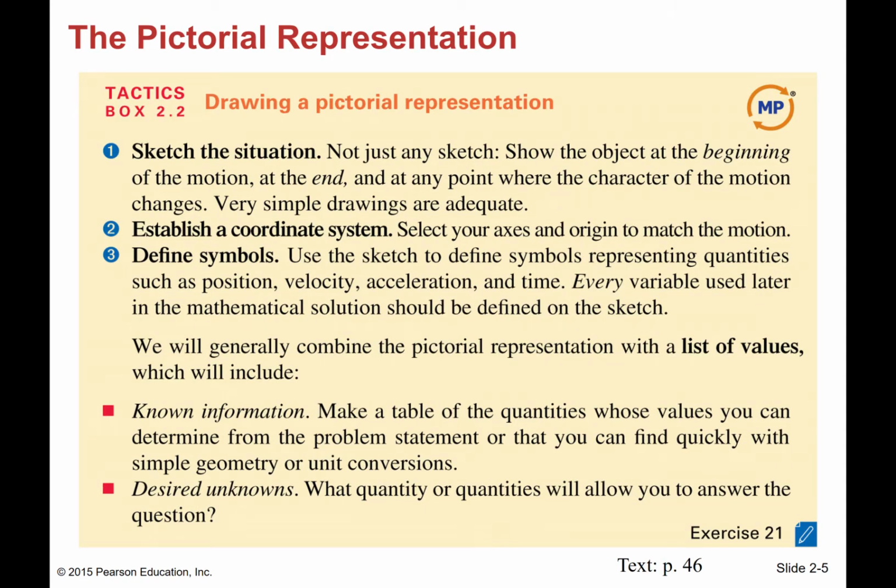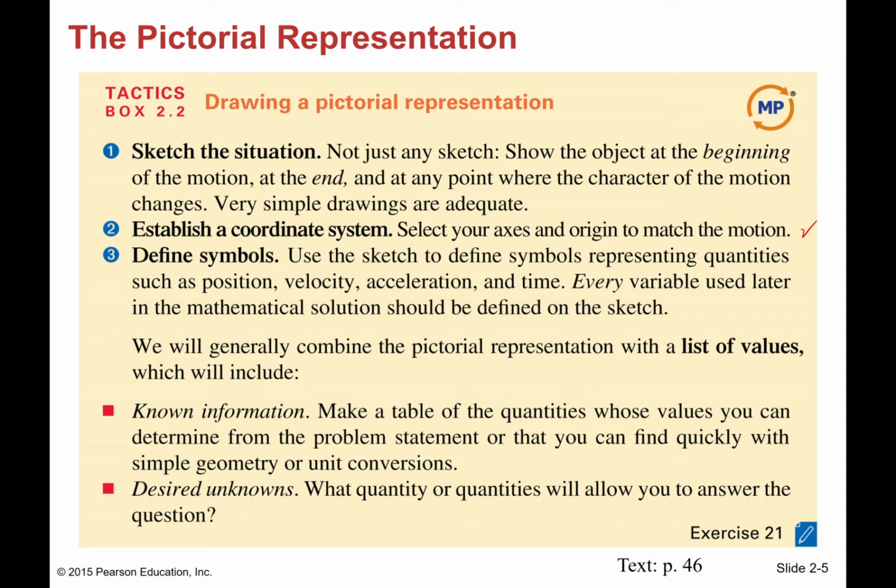So drawing a picture, what do we do when we draw a picture? Well, you sketch your situation and establish a coordinate system. This is very important. You define symbols, name things, and I'll tell you what that means in a minute, and list known information and things that you need to find.